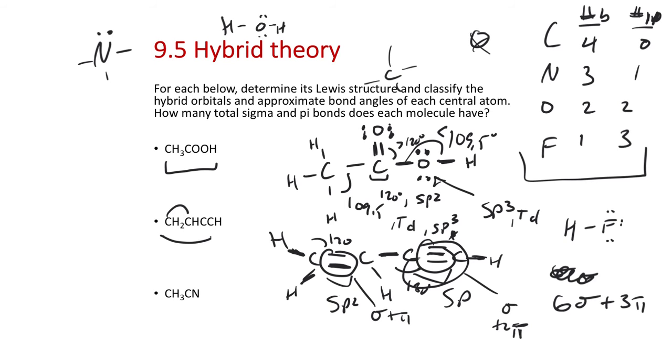Now let's count sigma and pi for the structure up here. So we got 1, 2, 3, 4, 5, 6, 7 sigma, and then 1 pi, the 1 pi being this second bond here. So again, double bonds are a sigma and a pi, and a triple bond is a sigma and 2 pi.